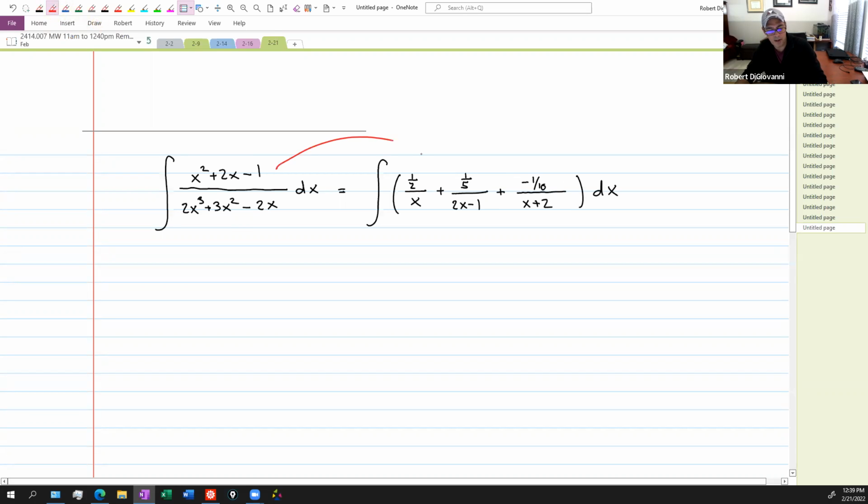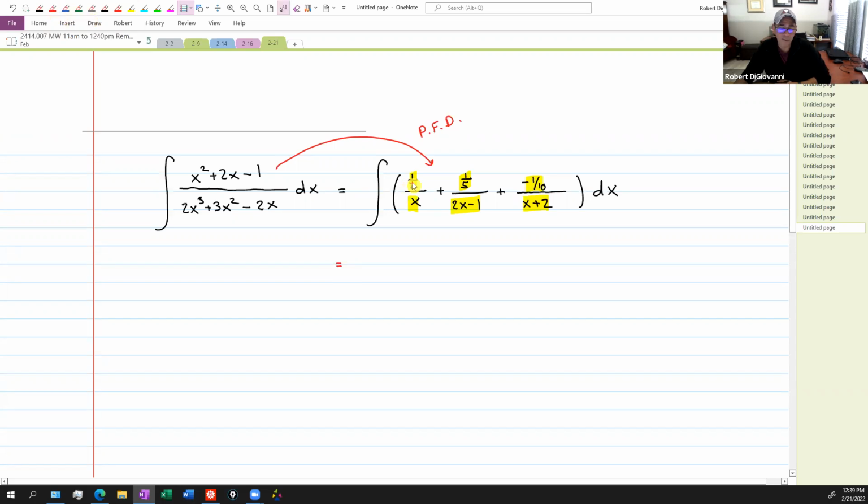So this step right here is your partial fraction decomposition that we just did. And now each of those we should be able to handle because this is a constant over linear, constant over linear, constant over linear, right?